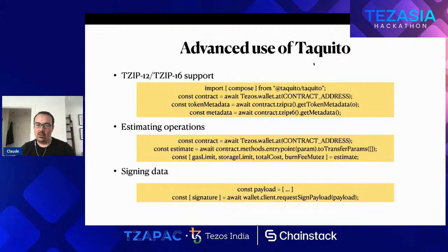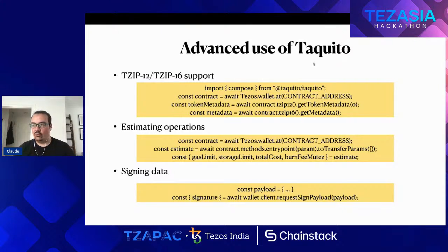And finally, another advanced use of Taquito is signing data. To be more exact, it's not directly from Taquito, it's from the Beacon SDK, but Taquito wraps it, so it's available through Taquito. There are different steps that I didn't put here in the code, but just to give you an idea, once you have created the instance of the wallet, there's a client property on that instance that exposes a method called request sign payload, and you send the payload that you want to sign.